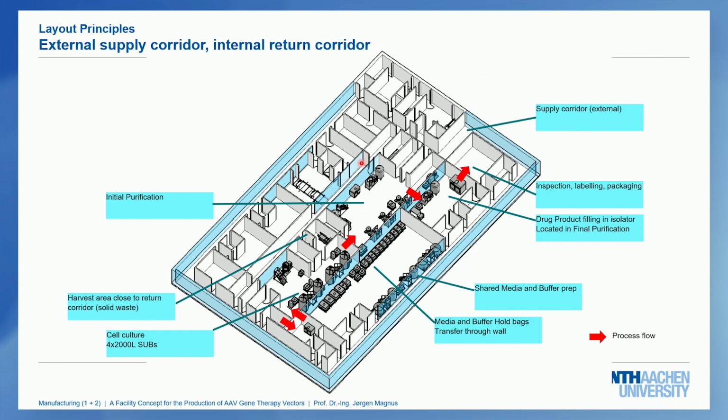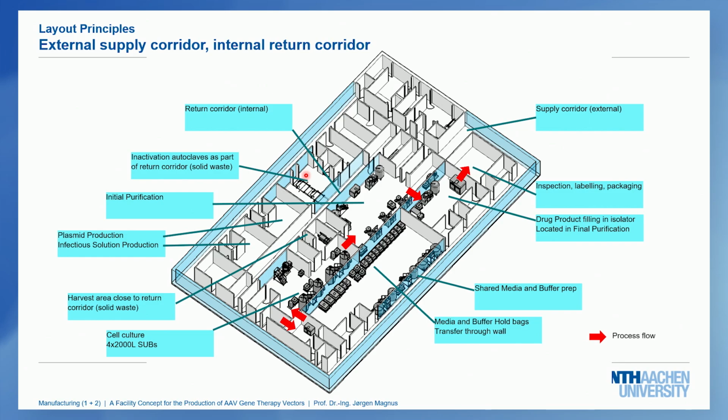And they will only move in this waste corridor here and collect the waste and bring it into this area here where you have a decontamination autoclave. So this is the return corridor, and then we have the autoclave for decontamination here. And after that, the decontaminated single-use equipment is then returned downstairs to the ground floor.